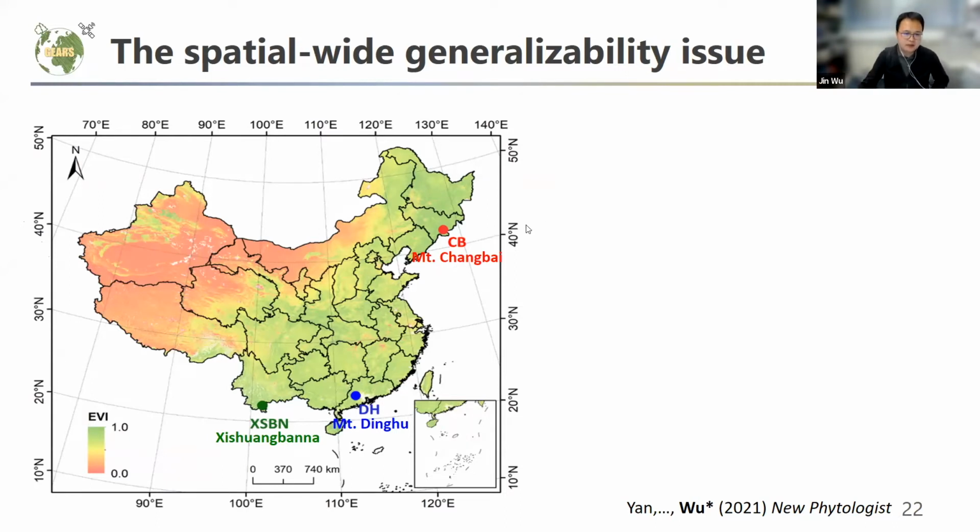Motivated by this, my postdoc, Zhen Yan, organized a field campaign across three different forest sites in mainland China, including Mountain Changbai, that's at high latitude, a really cold temperate region, to Mountain Dinghu in Guangdong, that's in the subtropical region, and also Xishuangbanna in Yunnan, that's a tropical rainforest.